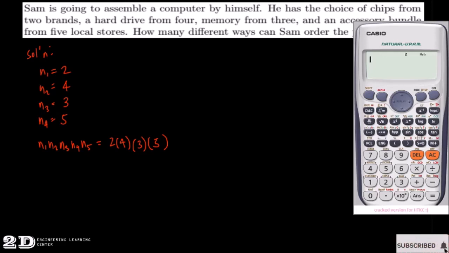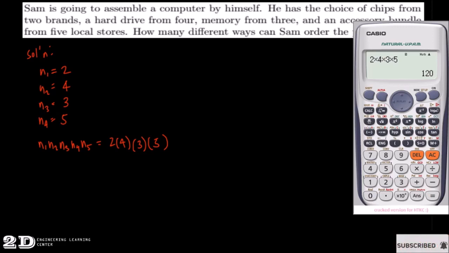Okay, so we have 2 times 4 times 3 times 5, and this is equal to 120 ways.